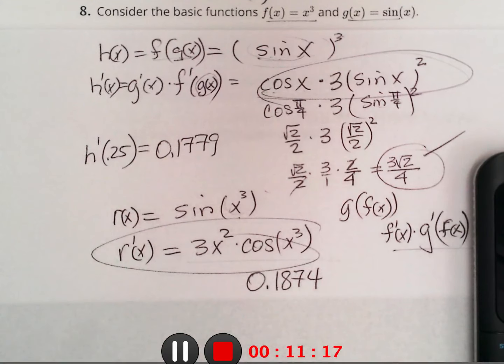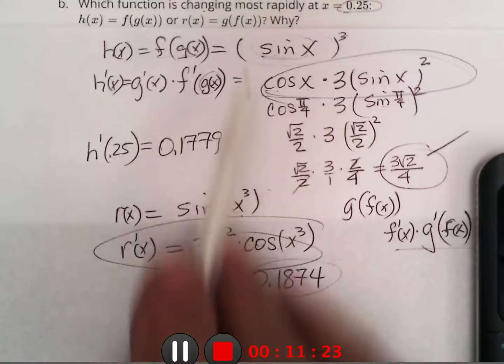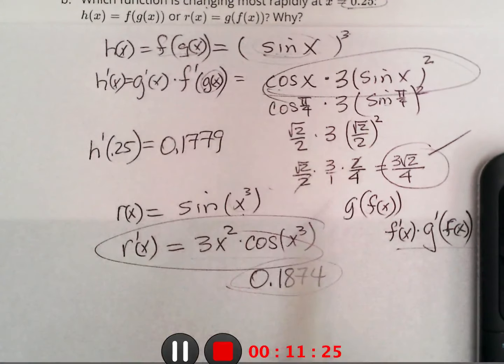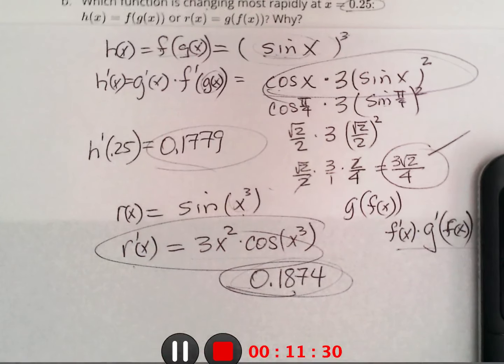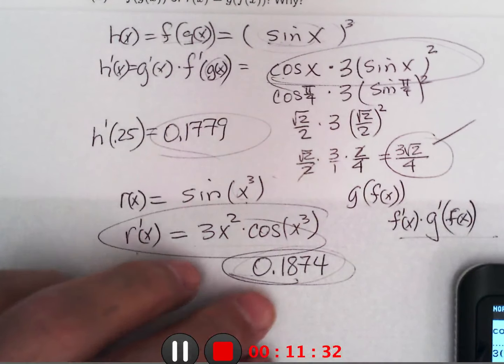Let's see, it says which one is increasing most rapidly? This one over that one. So r of x is increasing most rapidly because it's got a steeper slope, slightly.